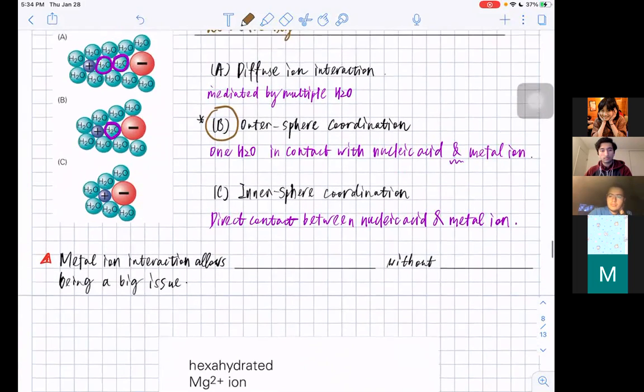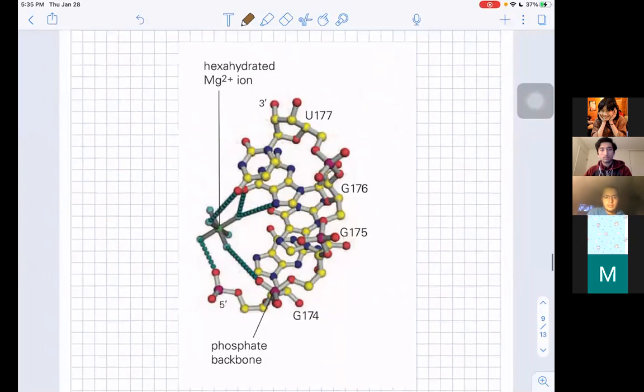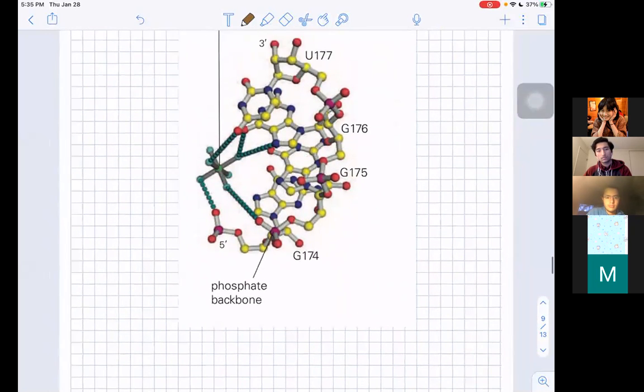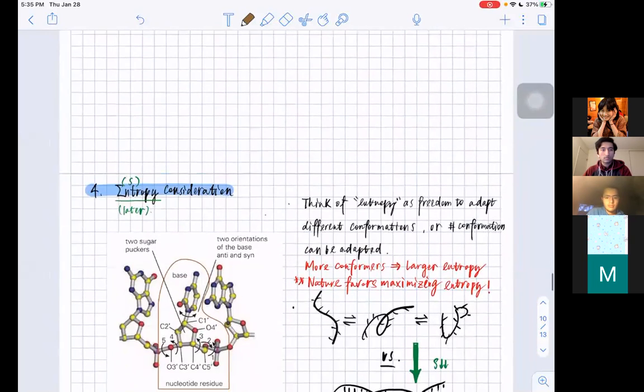And notice metal-ion interactions allow the tight packing of DNA without electrostatic repulsion being a large issue. Then maybe you can look at this figure and tell me which type of interaction it involves, in the chat or later. It's really clear.